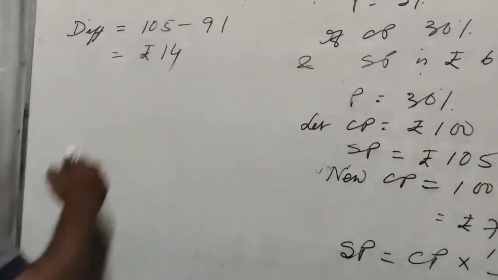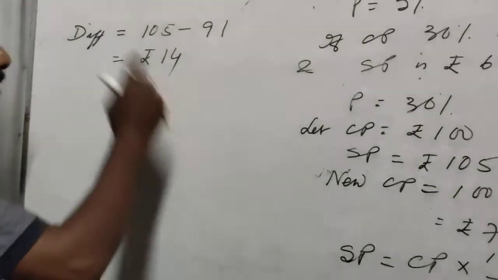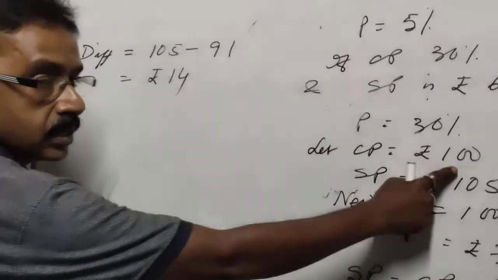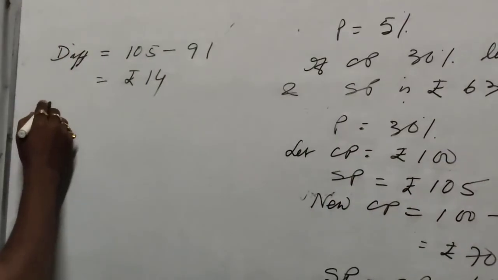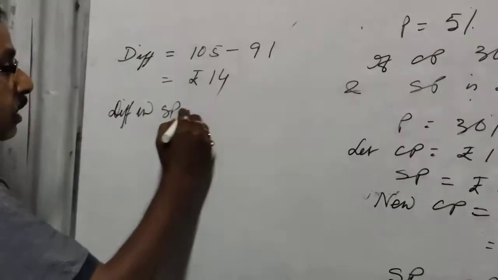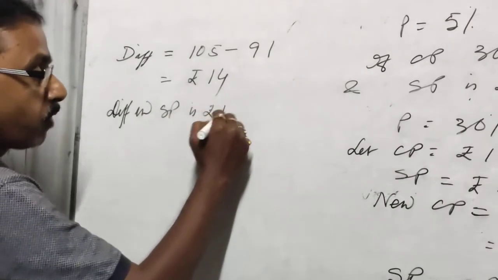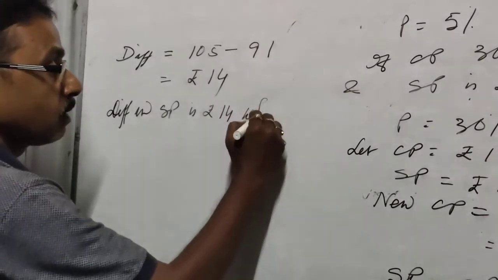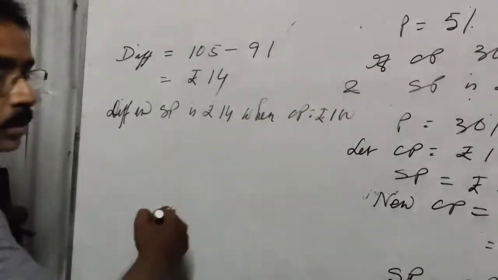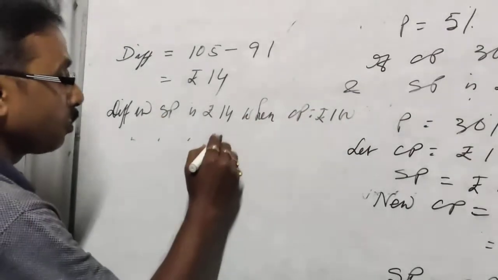So the difference in SP is rupees 14. Now this 14 rupees difference I am getting by assuming CP is 100. So the difference in SP is rupees 14 when CP is rupees 100.